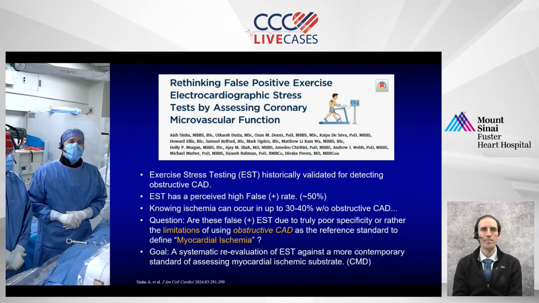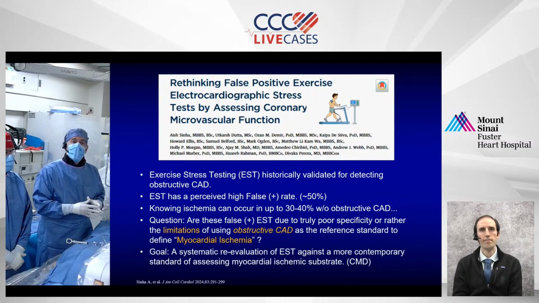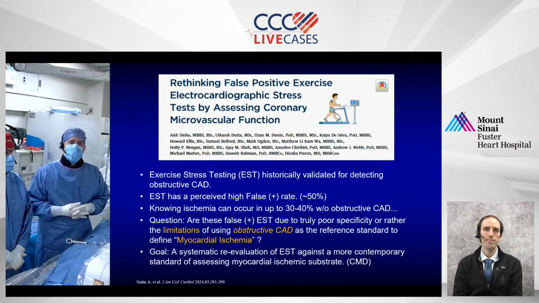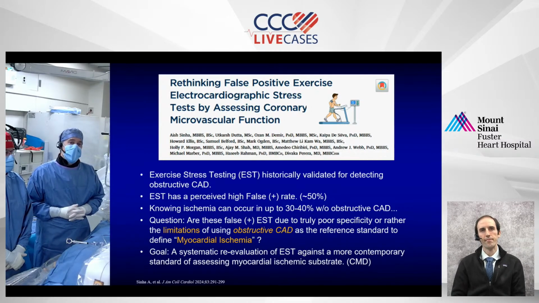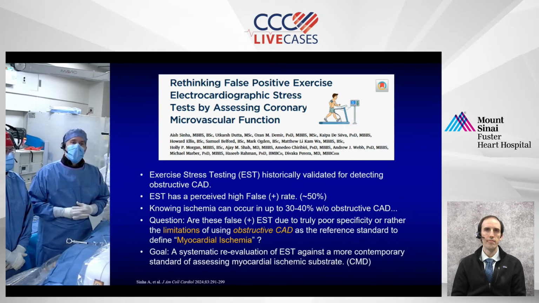Knowing that ischemia can occur in almost a third of patients without obstructive coronary disease, the question these authors asked was: are these false positive stress tests truly due to poor specificity, which we always claim after we see them, or do they instead represent the limitations of using obstructive coronary disease as the reference standard to define myocardial ischemia?